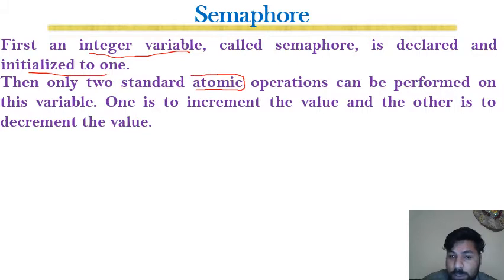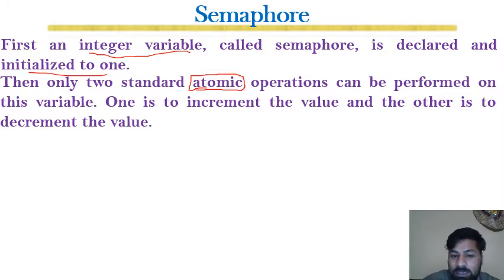Because of these operations, the variable becomes a semaphore, right? So semaphore is not a separate branch of study, but it is just an integer variable. That variable has two atomic and standard operations. When this variable is interpreted in this context, then we call it a semaphore.